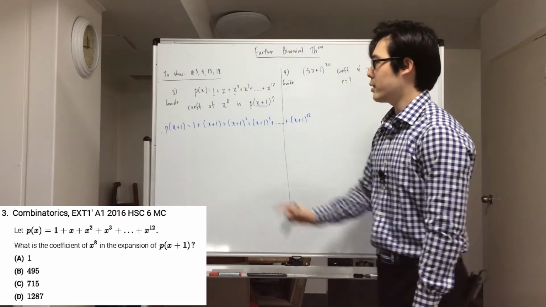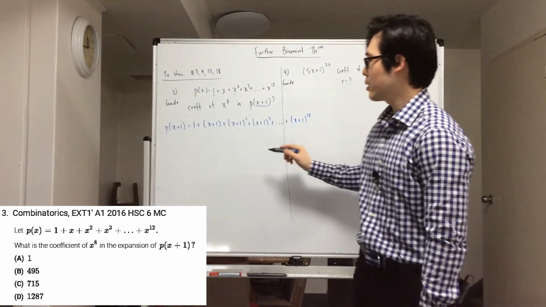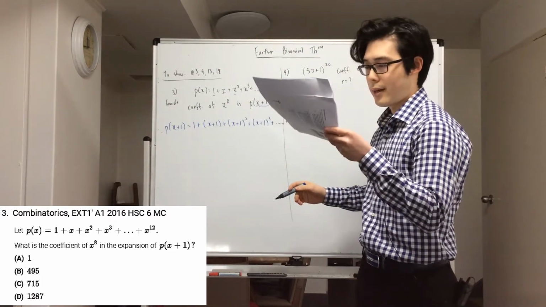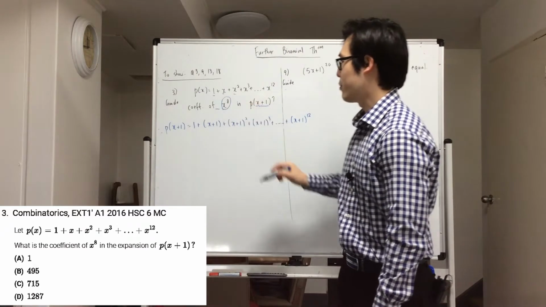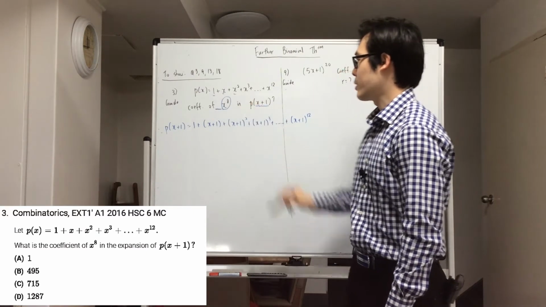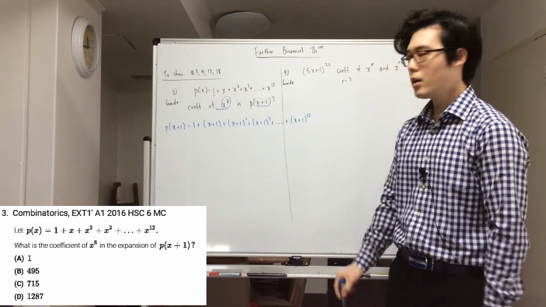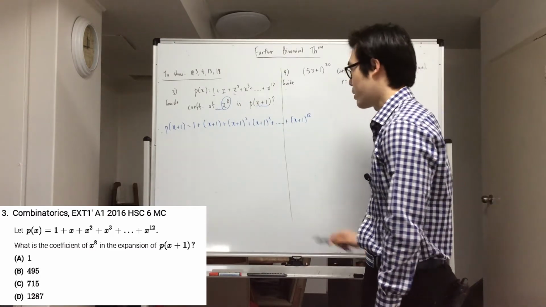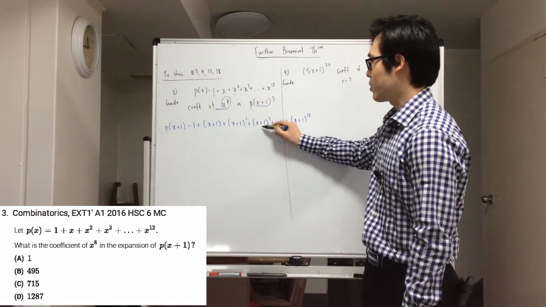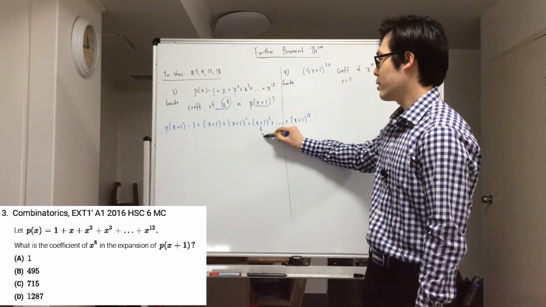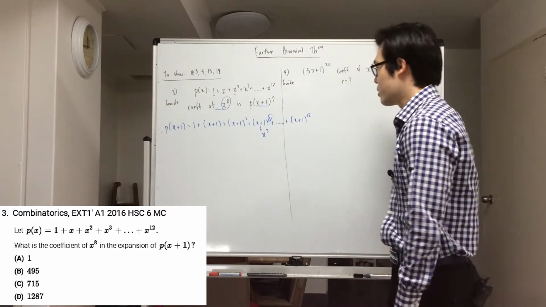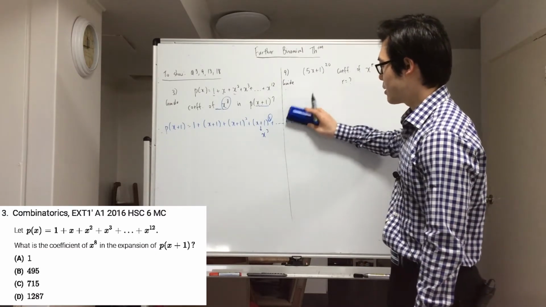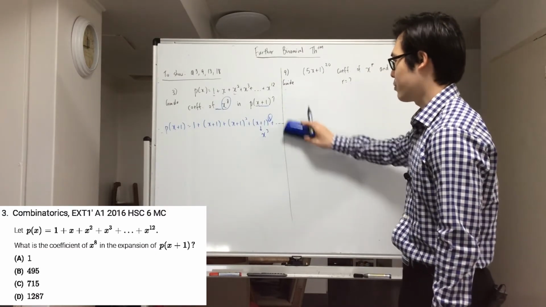So the question is, from this series, what are the numbers that have x to the power of 8 in front of them? Well, let's just have a look at it one at a time, right? Obviously, it can't be anything from here because the most you're going to get is x to the power of 3, because the highest power is 3 in that bracket, right? So what we want to explore is a couple of terms before x to the power of 12.